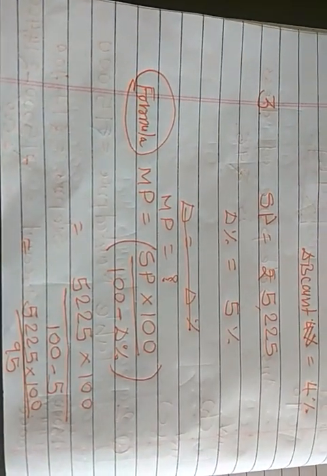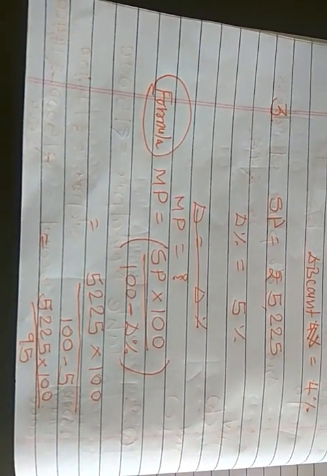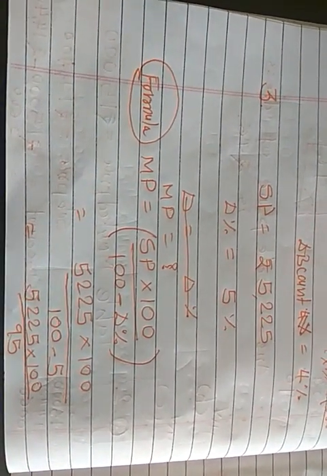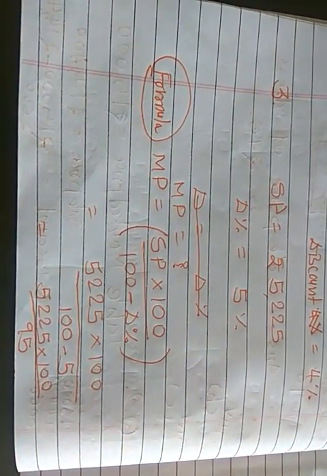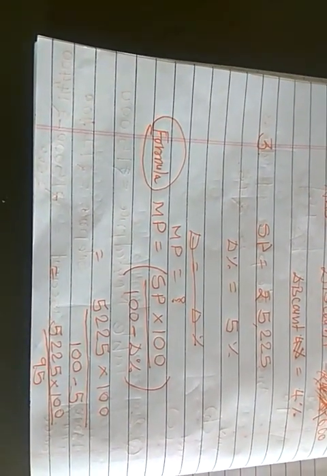Okay, move to question number 3. See the question where SP is equal to 5,225 rupees. Discount percentage is given as 5%. So here students, when SP and discount percentage are given and you have to find the mark price, the formula is there, right?